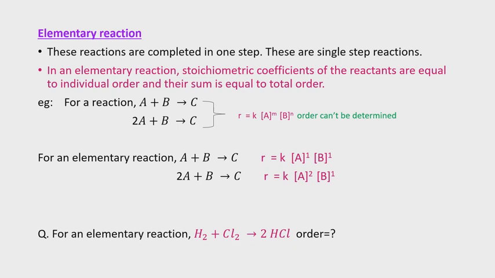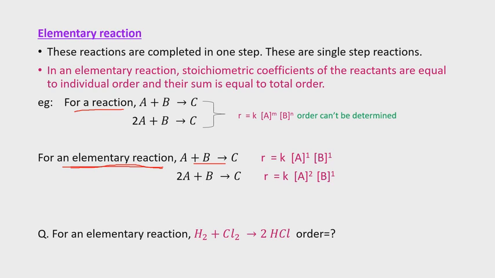Next one, dear students, be careful here. For an elementary reaction, in the above case, it was not mentioned. Here mentioned only for a reaction, but in the second case, clearly mentioned for an elementary reaction, A plus B gives C, one reaction. So rate equal to K into A power 1 B power 1.